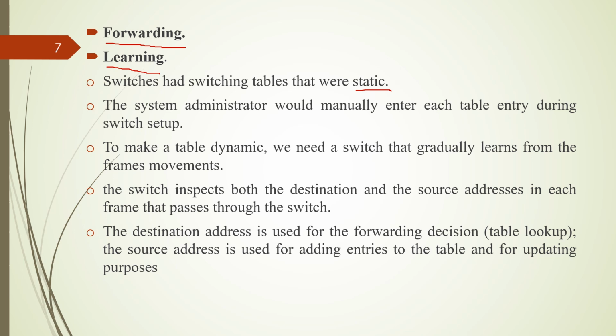This method was not practical because whenever a station was added or deleted, the entire table needed to be modified manually. Therefore, to overcome this issue, updating of the switching table was made automatic. This is done by making the switch learn from the frame movements.